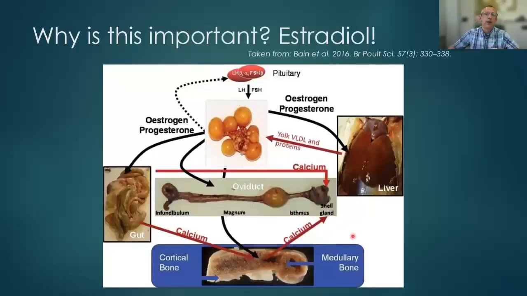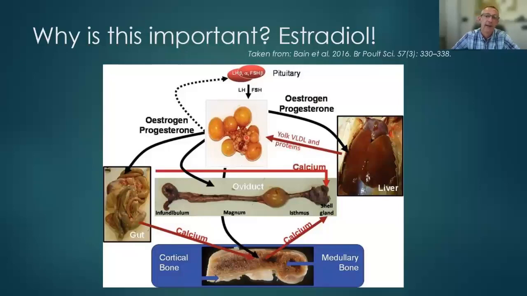As I mentioned, why is estradiol important? Estradiol is at the cornerstone of the key aspects of egg laying. Number one, we need to have an oviduct that is matured for egg formation purposes. We also need to switch that liver from the standard lipoprotein, standard VLDLs, to synthesizing yolk-specific VLDL, and estrogen will be a primary effector on that.